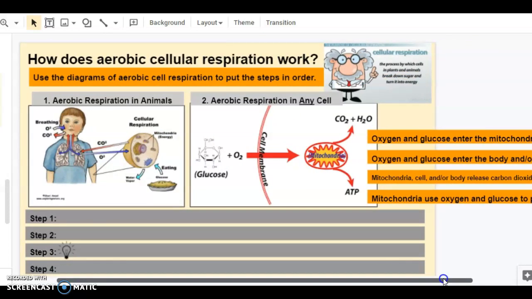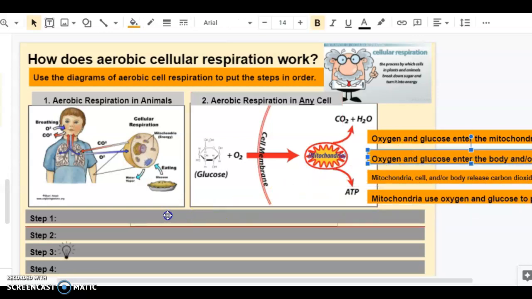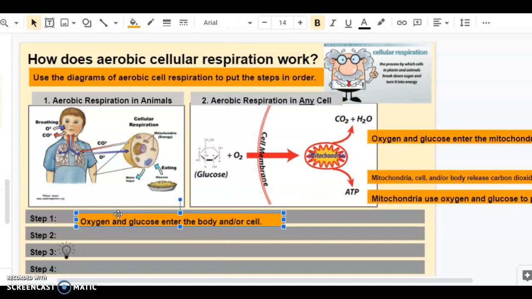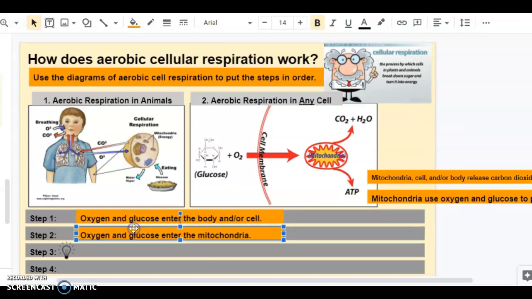So let's put these in order. First, the oxygen and glucose are going to enter the body and or the cell. That's by transport. And once they have entered the body and or the cell, they've got to get to the mitochondria, which is the site, the place for cellular respiration.